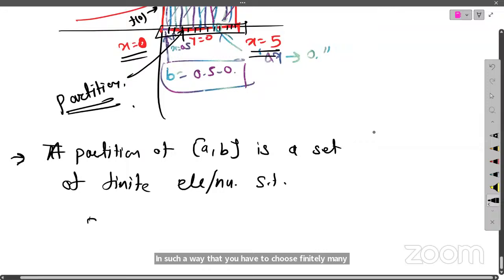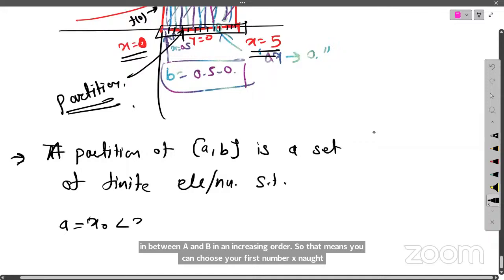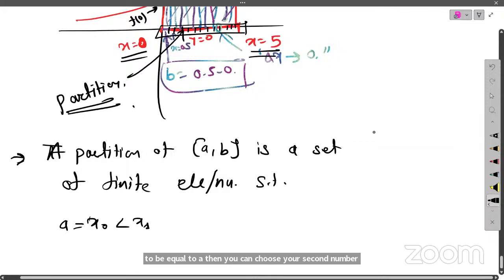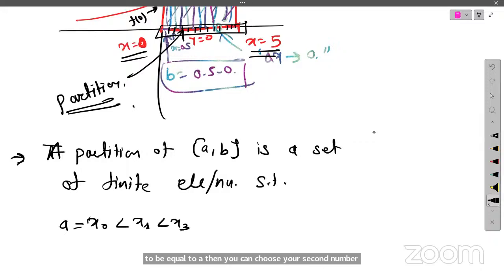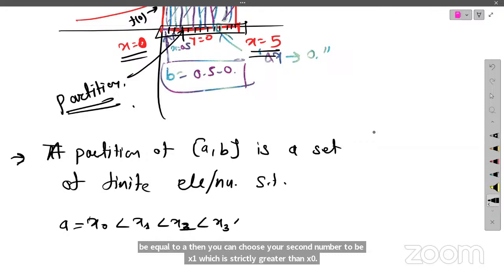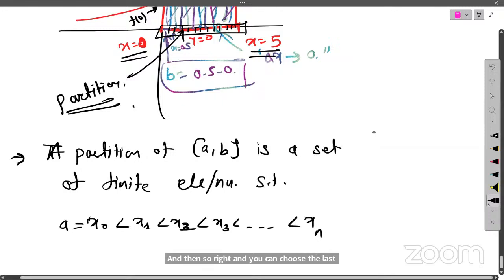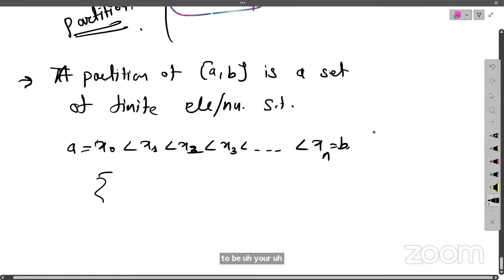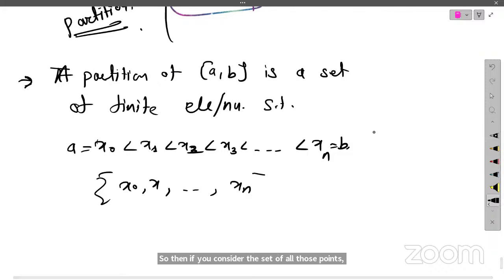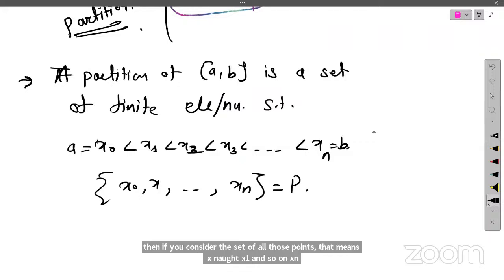That means you can choose your first number x0 to be equal to a, then your second number x1, which is strictly greater than x0, then the third number x2, and so on, and you can choose the last number to be your b. If you consider the set of all those points, x0, x1, and so on up to xn, then this is your partition P of the closed interval [a, b].